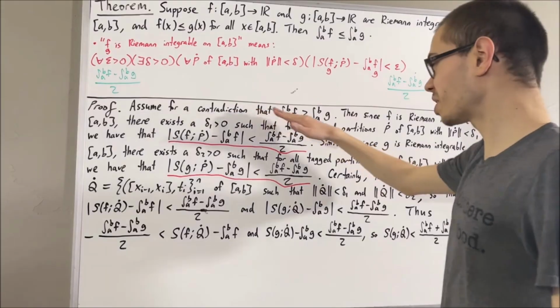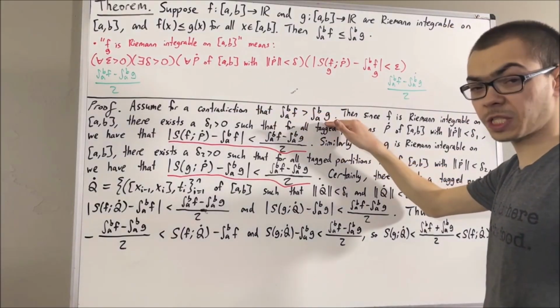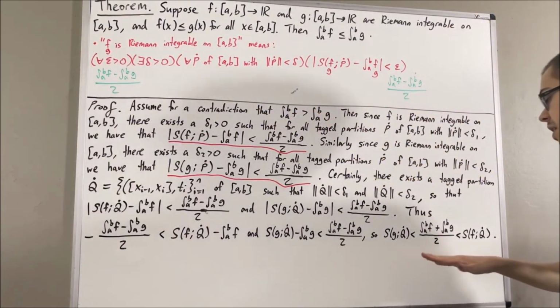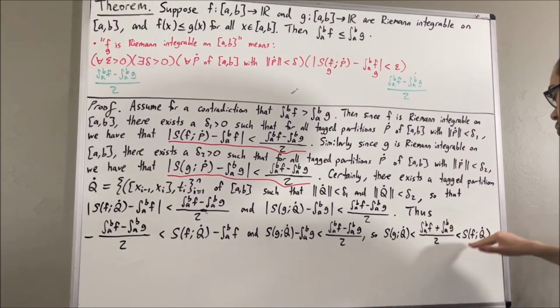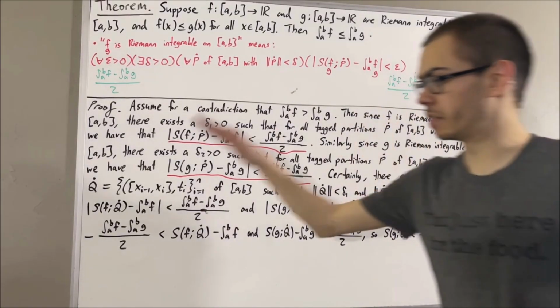So, with this assumption that the integral of f is greater than the integral of g, we have been able to deduce that the Riemann sum of g is less than the Riemann sum of f for this particular partition.